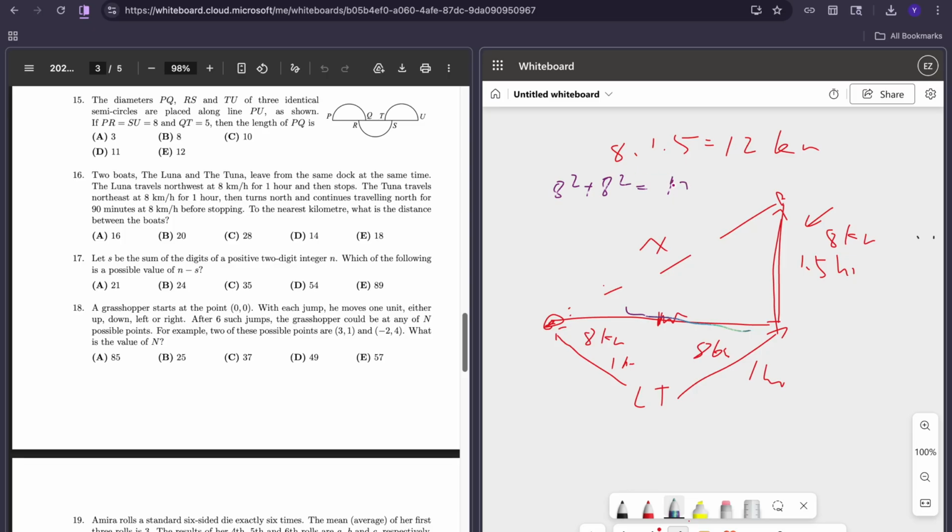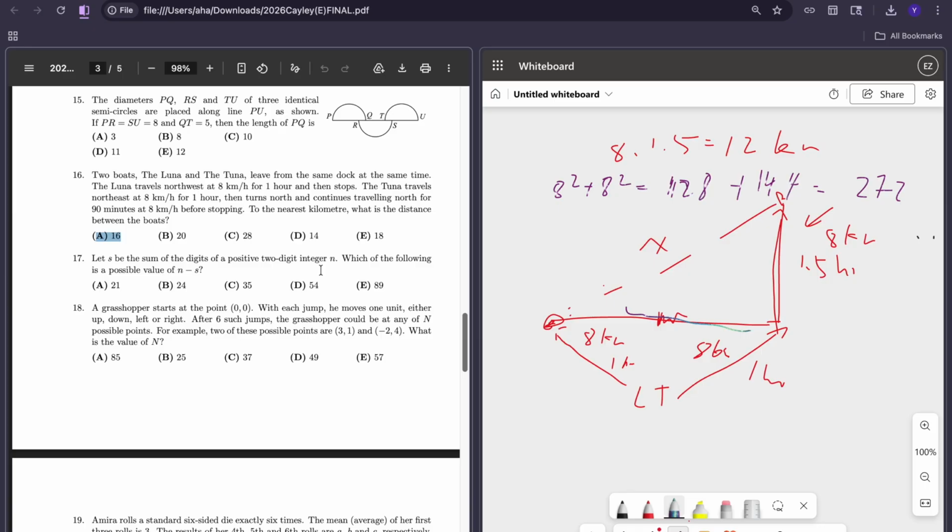Wait, let me write down 128. And we add 144, 12 squared. We get 272.